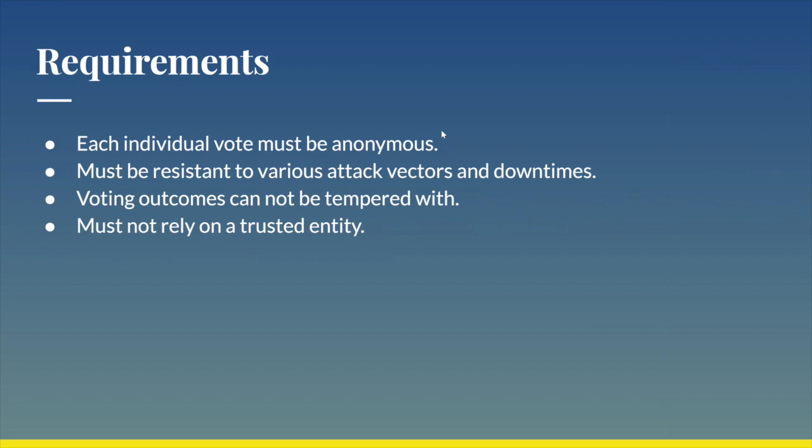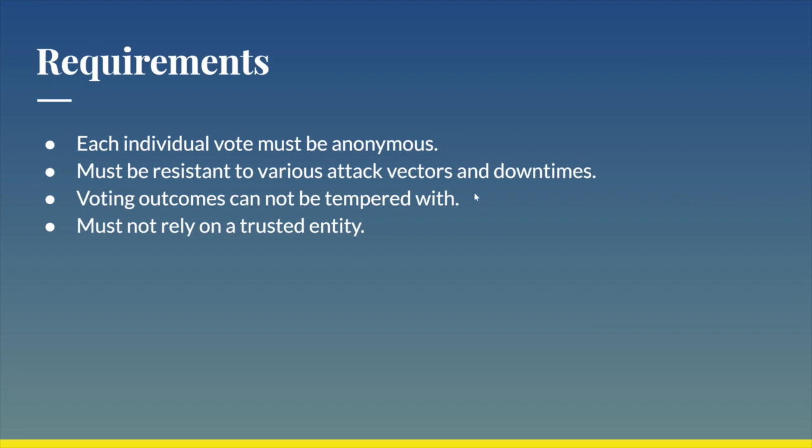The requirements for my voting app are that each individual vote must be anonymous, and that the system must be resilient to any attacks that are currently known. You'll see how I solve those. Voting outcomes should not be tampered with.